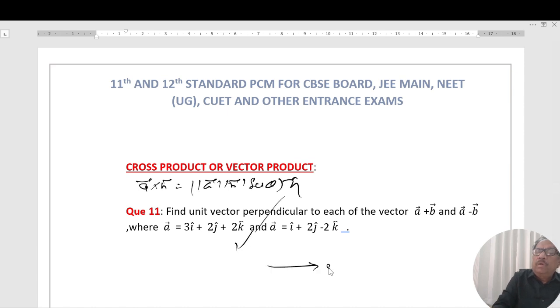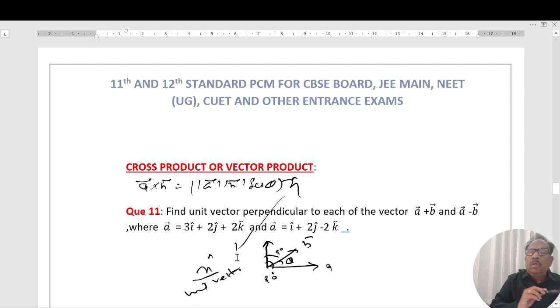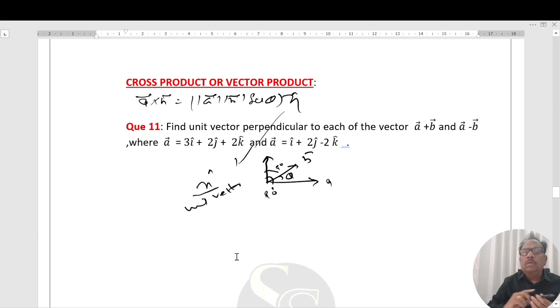Suppose A vector is this, B vector is this, the angle is theta, then this angle is 90 degree, this angle is also 90 degree. So A cross B will be eta, a unit vector perpendicular to both A and B, perpendicular to the plane of both.